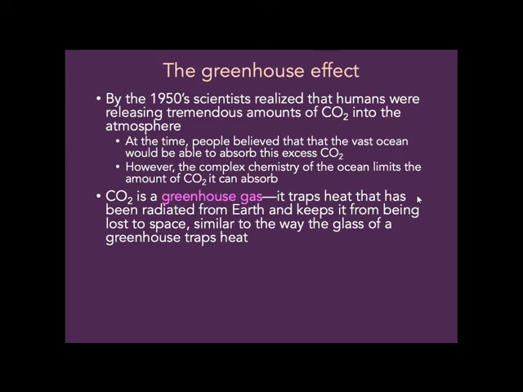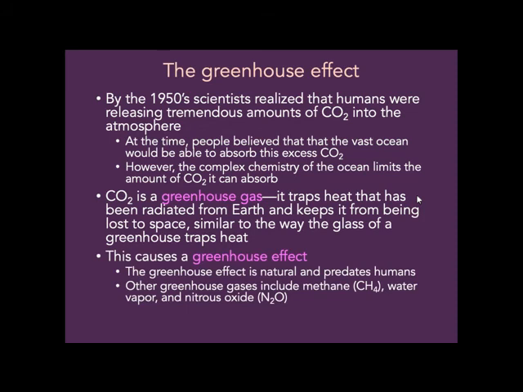So like I mentioned, carbon dioxide is a greenhouse gas, and so it keeps heat that's being radiated from the surface of the Earth from being lost into the vacuum of space. That causes a greenhouse effect. Like I said, the greenhouse effect itself is natural, and the Earth did have a greenhouse effect before humans ever showed up.